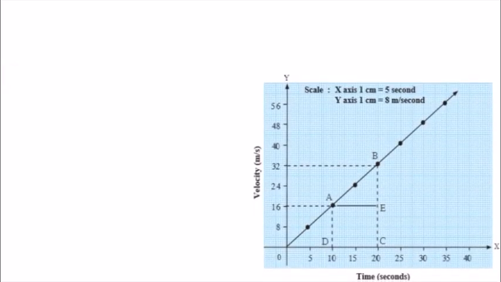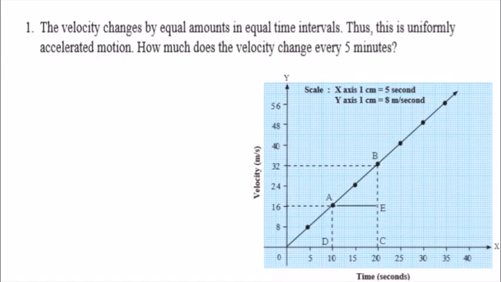Now first, we need to find how much the velocity changes every 5 seconds. If you observe this graph, the velocity is changing by 8 meters per second in every 5 seconds. You will see here it is 8, 16, 24, 32, 40 and so on.